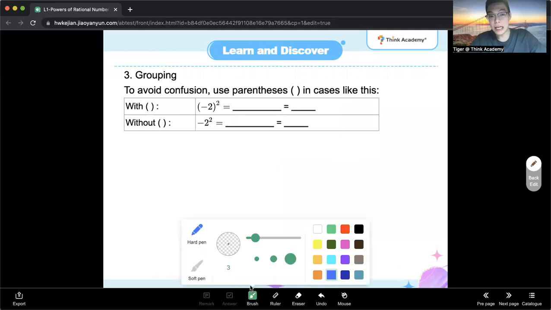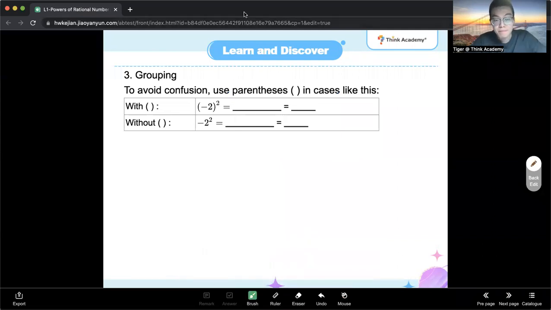So at last, sometimes we are going to have some parentheses when we are calculating the powers. And if I am including the sign inside the parentheses, it means that the whole thing is considered as the base.